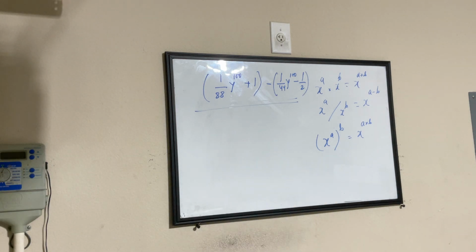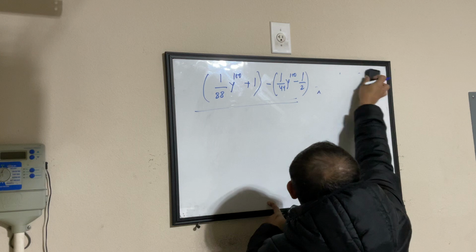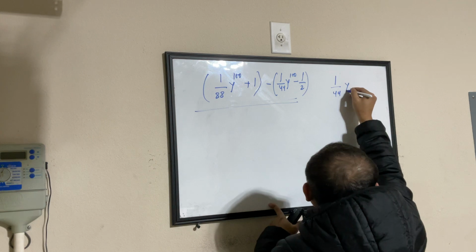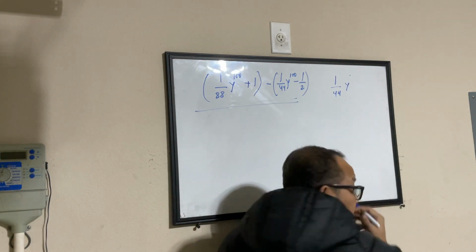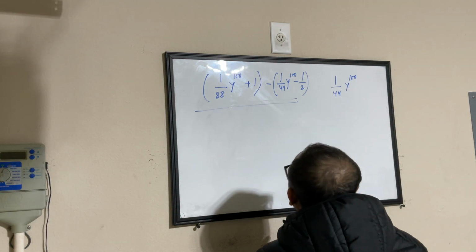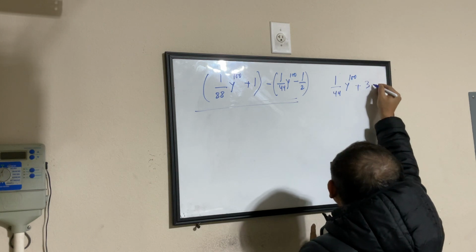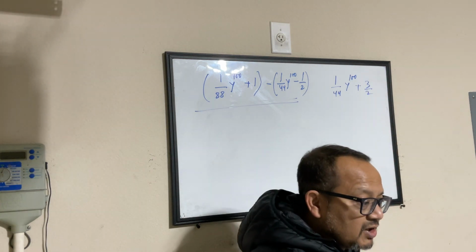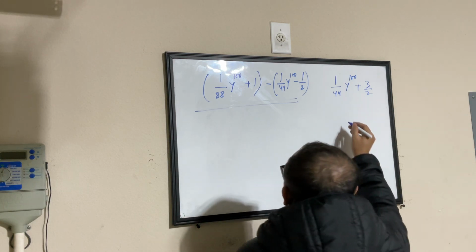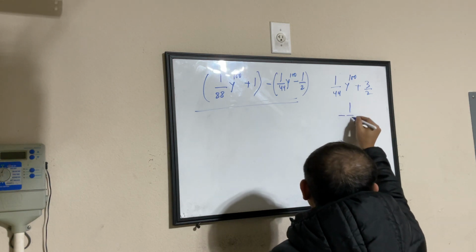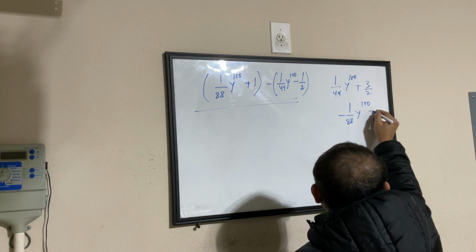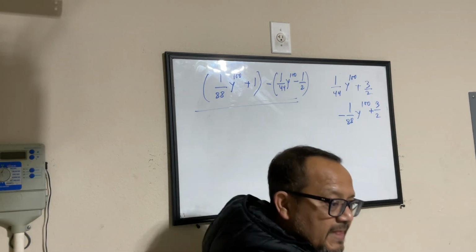I'm not looking at the answers right now. 1/44 y to the power 100, and then plus 3/2. Okay. Anybody else having a different answer? I got -1/88 y to the power 100, plus 3/2. Okay.